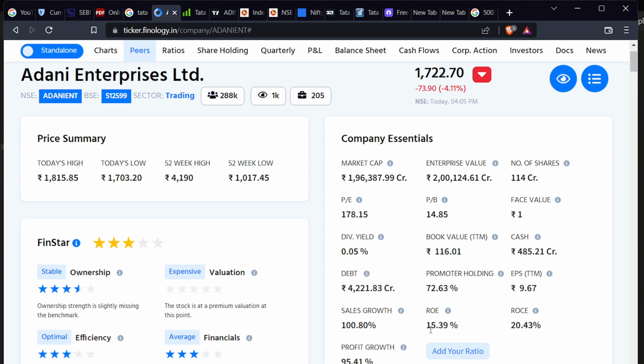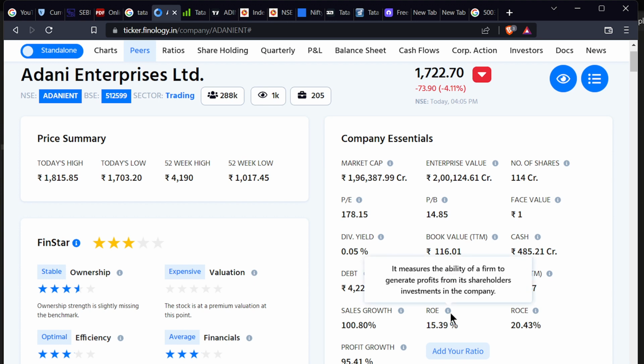Here we have ROE and ROCE. ROE means return on equity. How much return are you getting, what is the return of this company? The net profit divided by the equity gives the ROE. ROCE is return on capital employed, which is a similar thing. First we'll go to ROE.